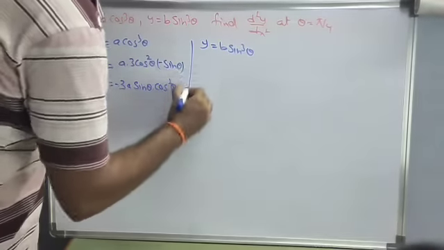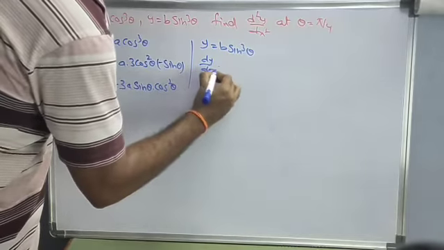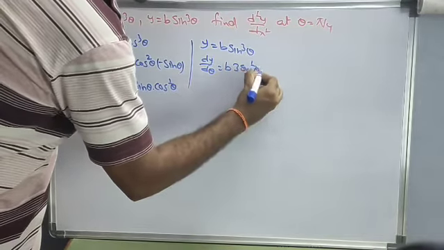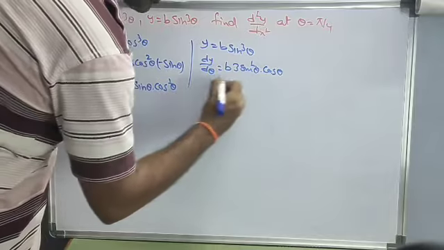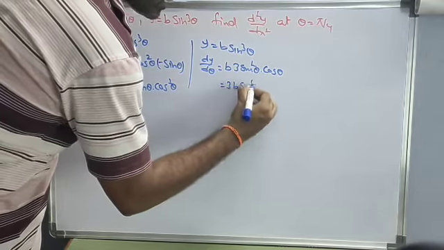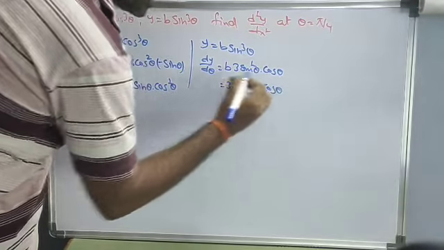Next, dy by d theta equal to b into 3 sin square theta into sin theta differentiation is cos theta, so that means 3b sin square theta into cos theta.